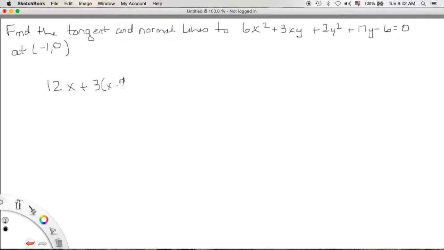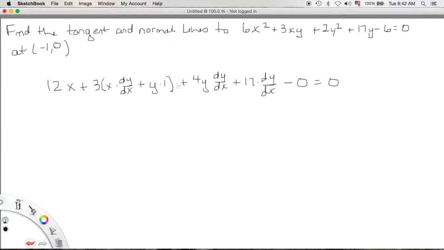First times the derivative of the second plus second times the derivative of the first. Here we have to use our chain rule. And then here we're taking the derivative of y, and then the derivative of a constant is just 0.